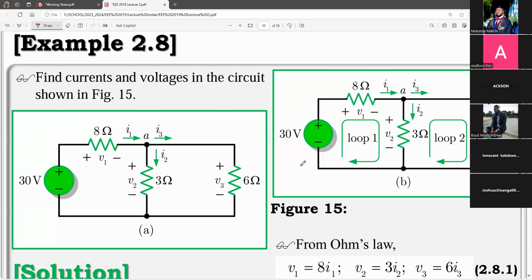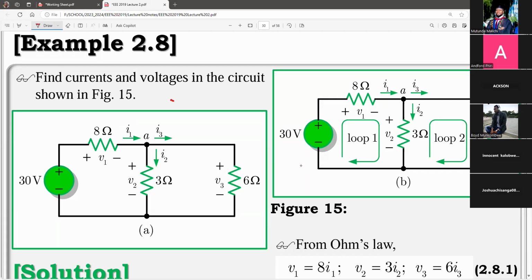To get those, we have to use all the three laws simultaneously.